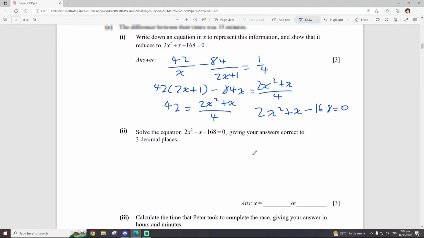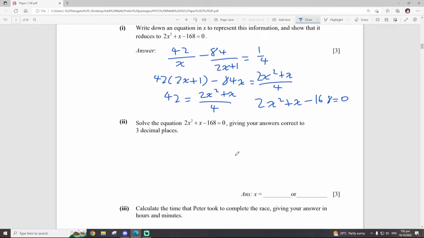Solve this equation. Okay, so this is by using your quadratic formula. So you write down the quadratic formula. x equals to -1 plus or minus the square root of 1 squared minus 4 times 2 times -168, then divide this by 2 times a.